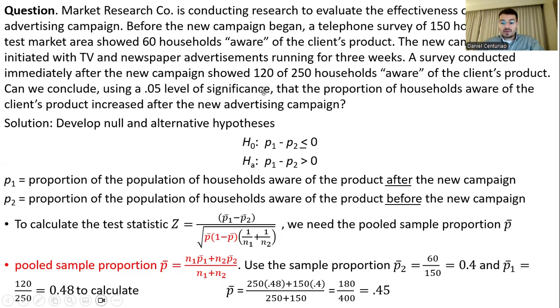Every time you see significance, you already have your alpha defined, right? So this is your alpha. And then it's asking you how you can define the proportion in this case with this level of significance.